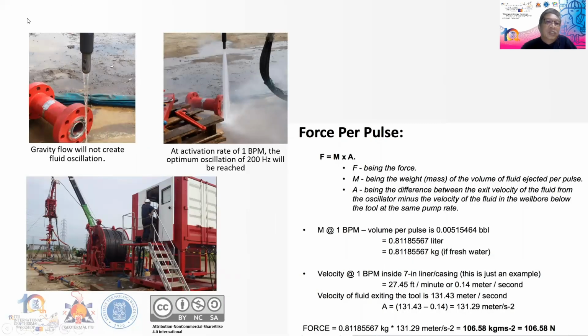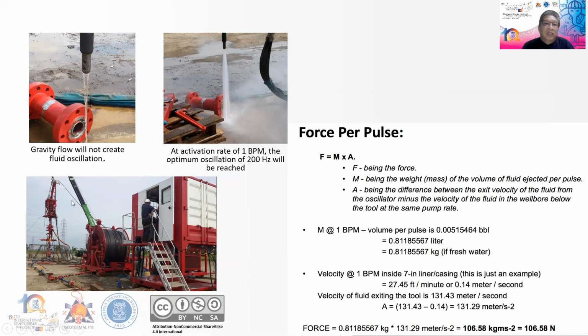This picture shows that when we pump only at a limited flow rate, the fluid will not create oscillation. But when we pump at a certain barrel per minute, which we have calculated, at 1 barrel per minute the optimal oscillation of 200 hertz will be reached.